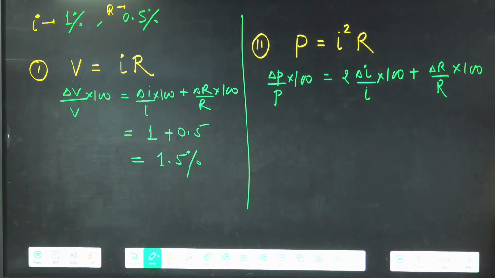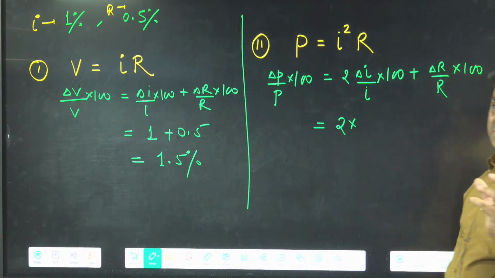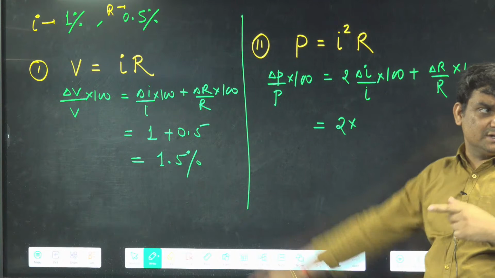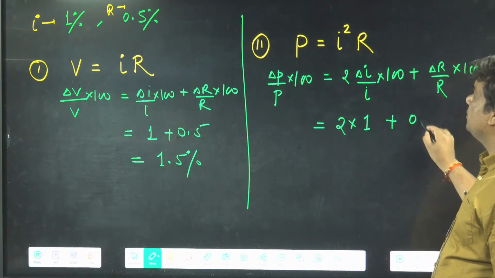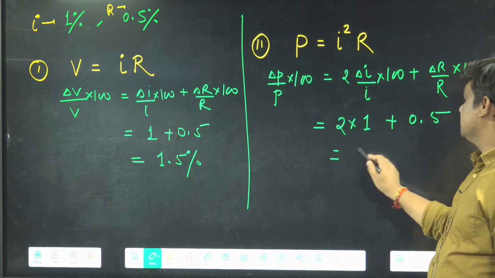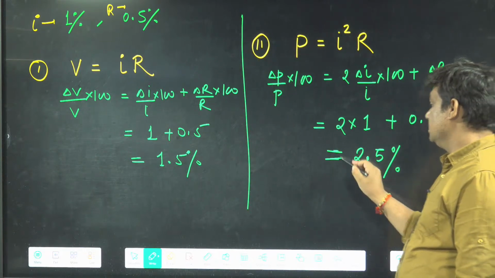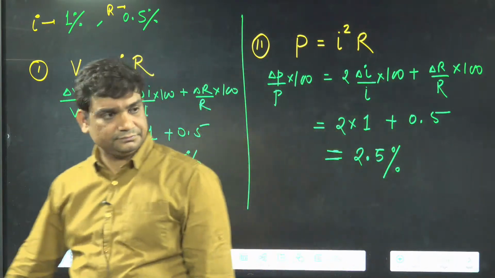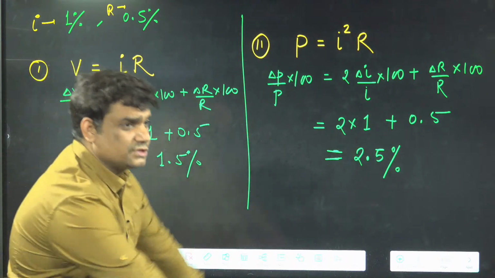The percentage error in I is 1, so 2 into 1 plus 0.5. So the answer becomes 2.5%. That is the answer. Clear?